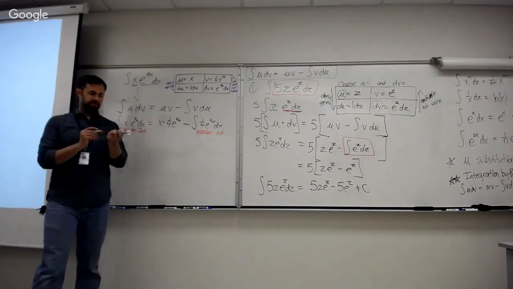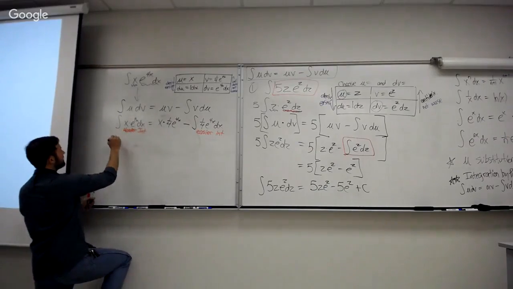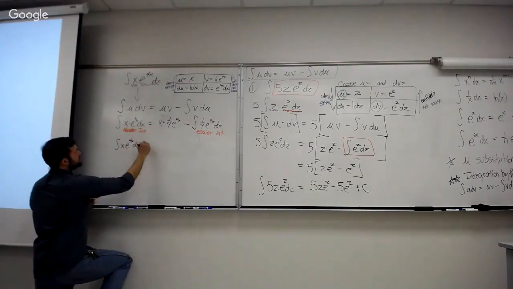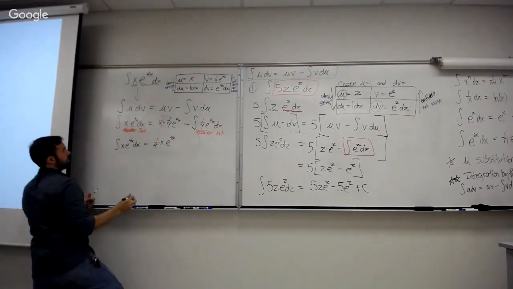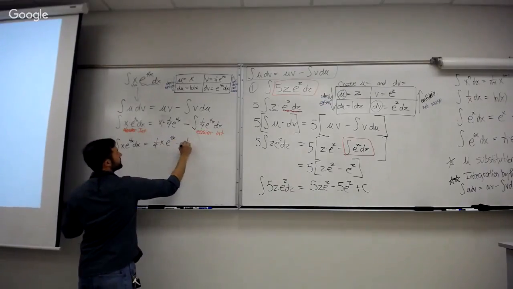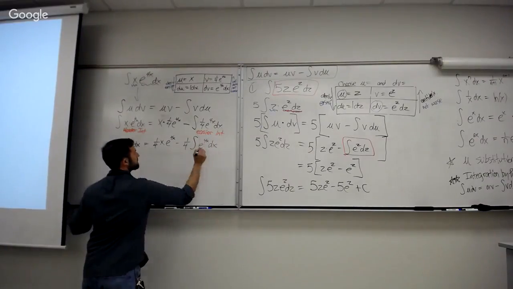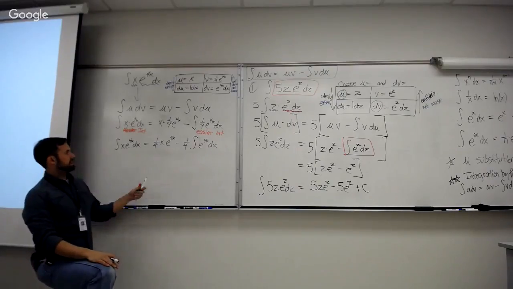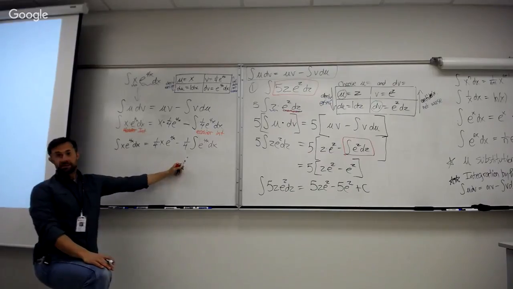So let's just rewrite this again one more time, pulling the 1/4 out. So we've got the integral of x e to the 4x dx is equal to 1/4 x e to the 4x minus 1/4 the integral of e to the 4x dx. All I did there was bring the 1/4 out to the front, just so it's a little cleaner.